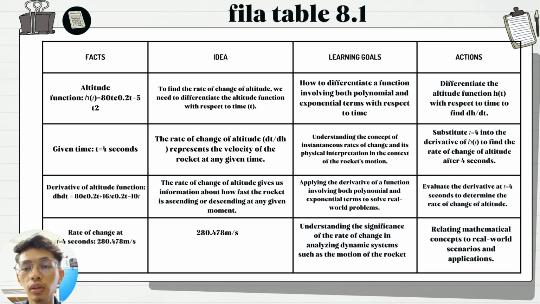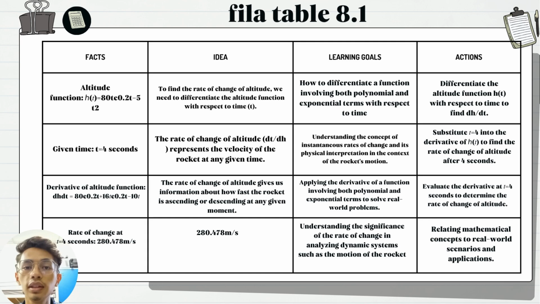For the learning goals, understanding the concept of instantaneous rates of change and its physical interpretation in the context of the rocket's motion. For our action, we can substitute t equals 4 into the derivative of h(t) to find the rate of change of altitude after 4 seconds.